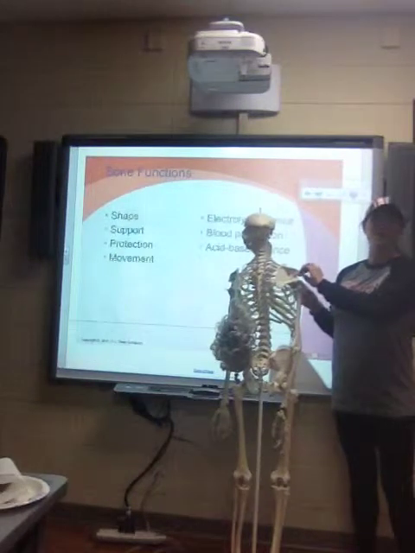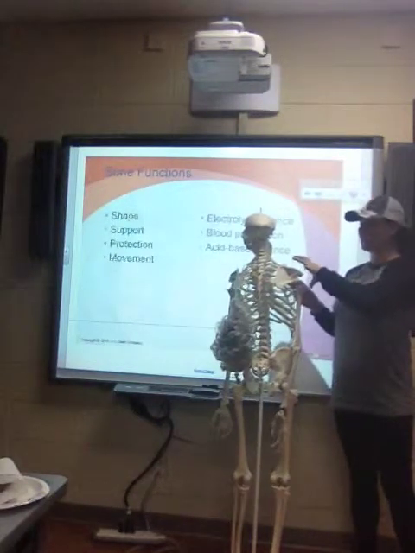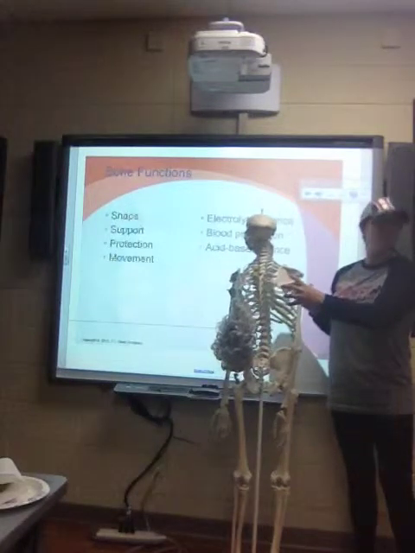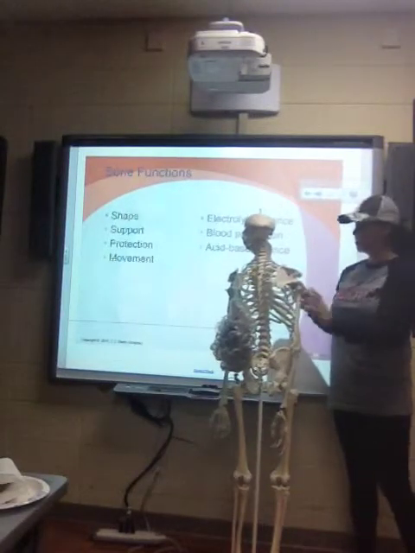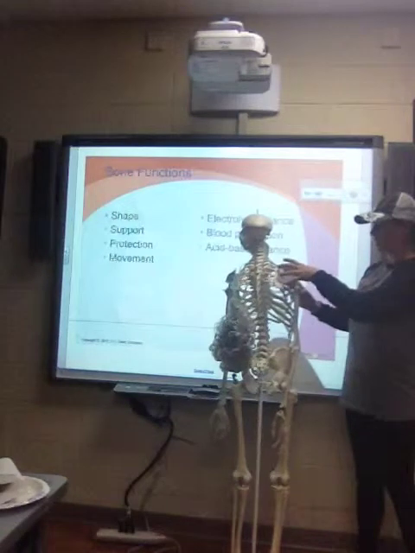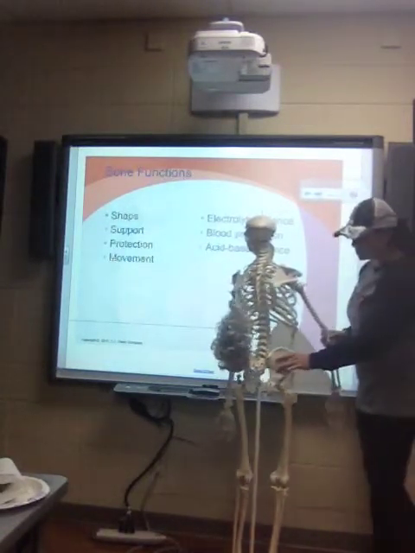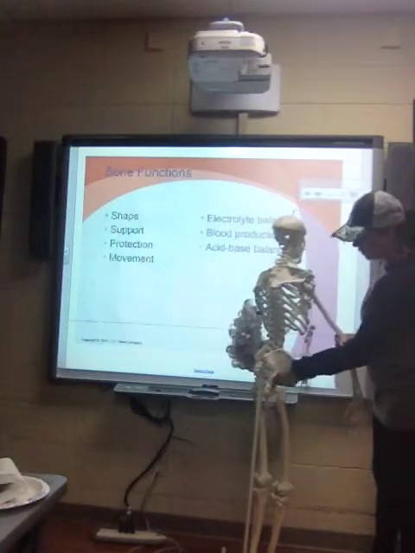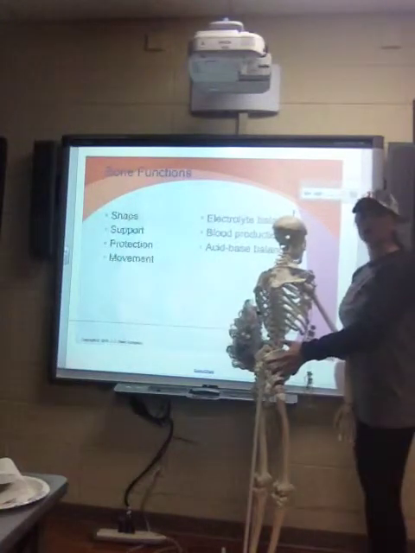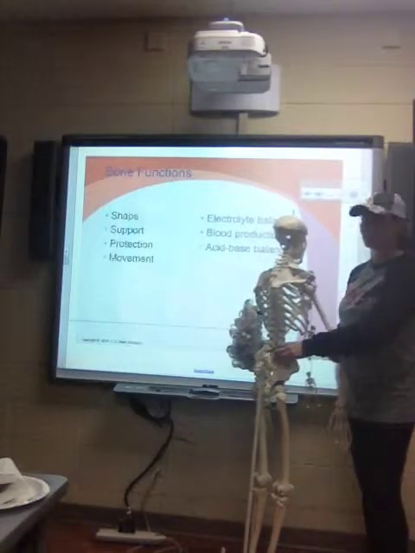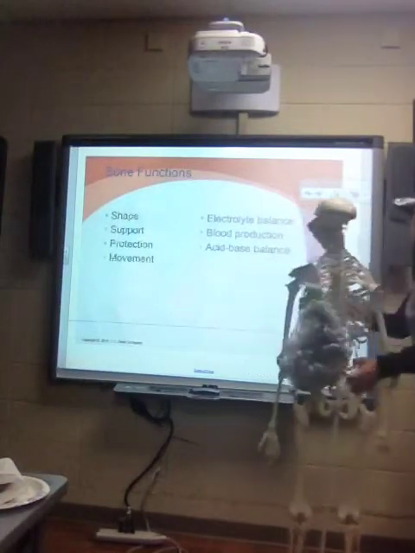Those allow for attachment of muscle. So when you see a really large flat bone, that means you're going to have some big muscles around that area. So think about the back muscles, and then you even have some of the arm muscles here. Another good example of those big flat bones is this pelvis. We've got really large gluteal muscles that are attached there. So you got to have something big to allow for that attachment.